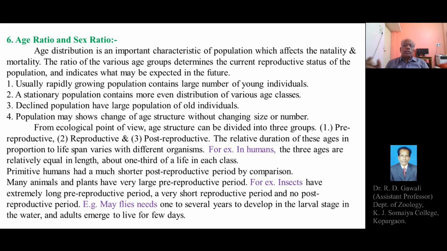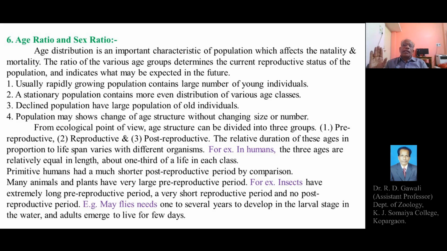The adults emerge to live for only a few days, during which they undergo reproduction, and after that they die.